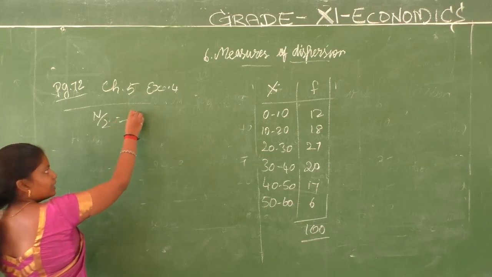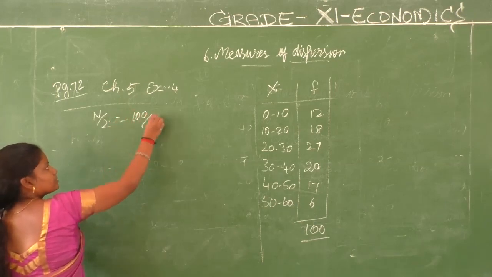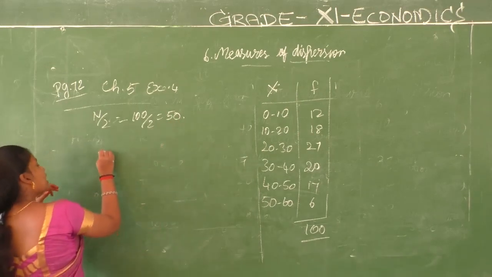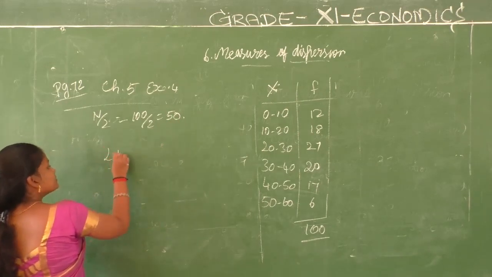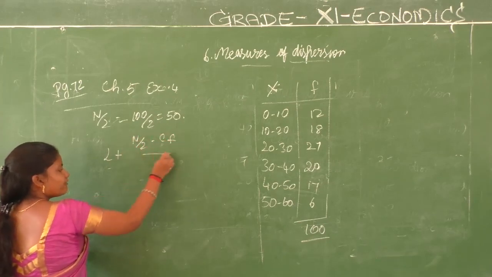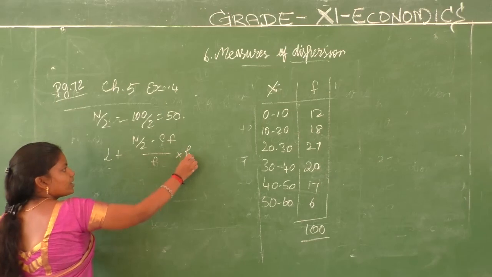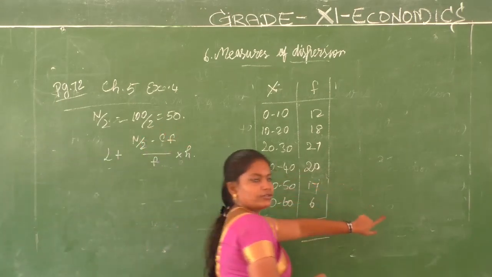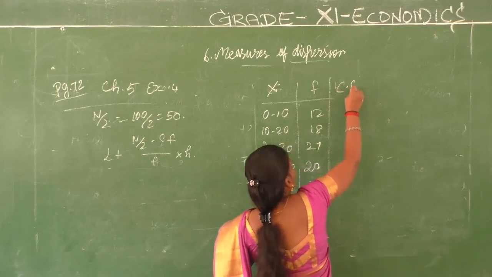So for the median, first you need n by 2. What is it going to be? 100 by 2. It's going to be 50. What is your median value? L plus n by 2 minus CF by F into H. Okay? Which is your 50 value? For that, you need to find the cumulative frequency.